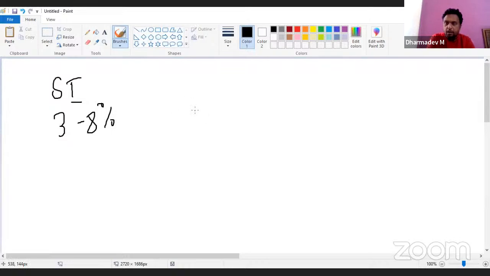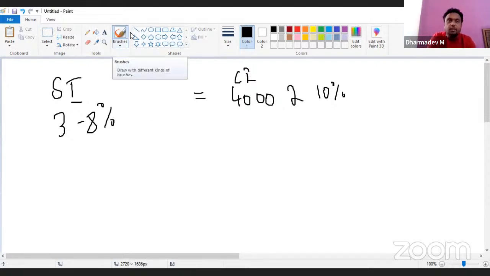Let's take half the compound interest of 4,000 for 2 years at 10%. This money is equal to simple interest on a certain sum of money for 3 years at 8% per annum. So both are the same.